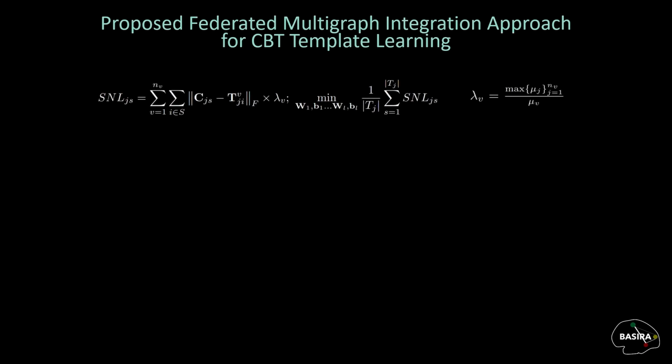Given the generated CBT C_j^s for subject s of hospital j and a random sample subset S of training subject indices, the loss function is defined as follows. When models send back their weights to the server, we can denote hospital j's loss in round t as follows.